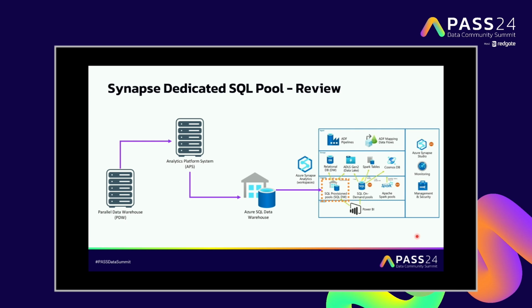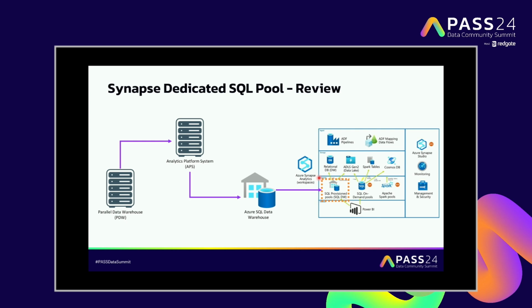So for the rest of this, I'm going to just call it Synapse DW because it makes sense. But that's what we're talking about, Dedicated SQL Pool. It is the exact same technology. This is also important to know because later on, when we go into how the migration actually works, I'll talk about some of the hacking we have to do to make this work. But this technology, the Azure SQL Data Warehouse, and the thing that's in here is exactly the same.